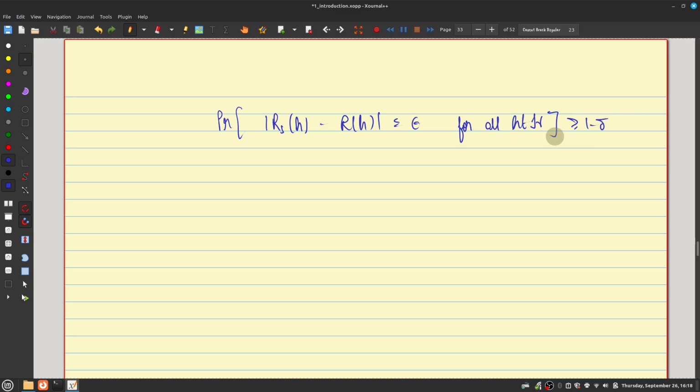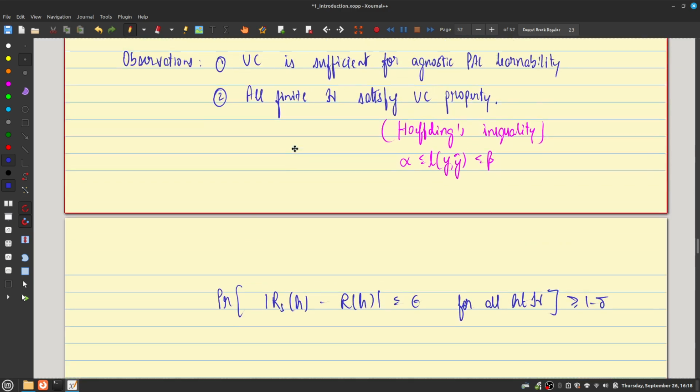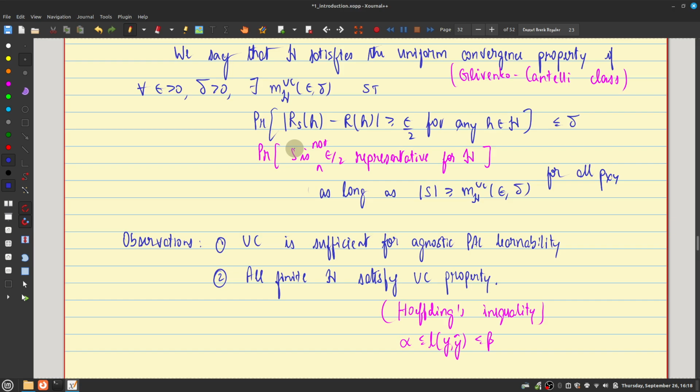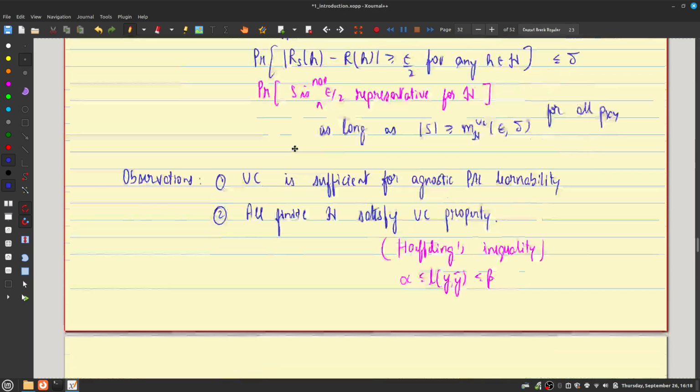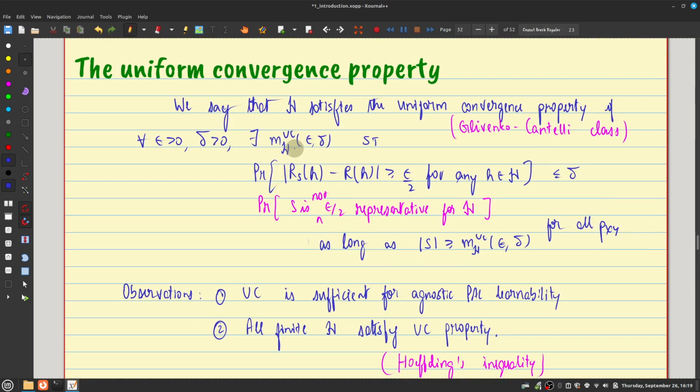Correct. Like so it becomes like for at least one H. Correct, that's true. So essentially, for any H in H or for some H in H, they're the same, right?